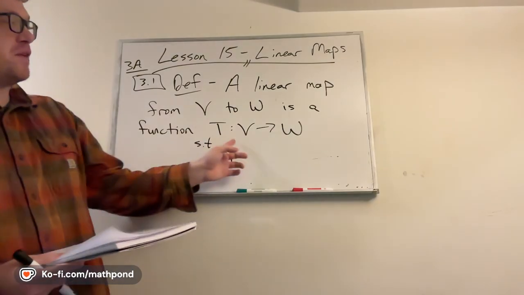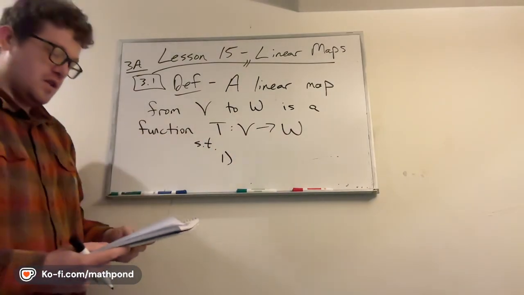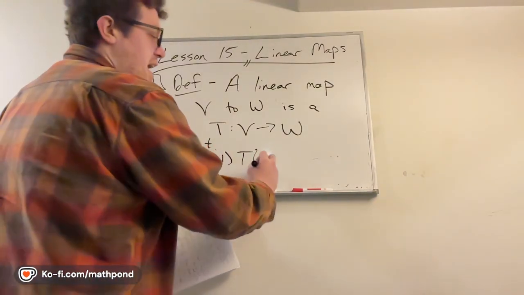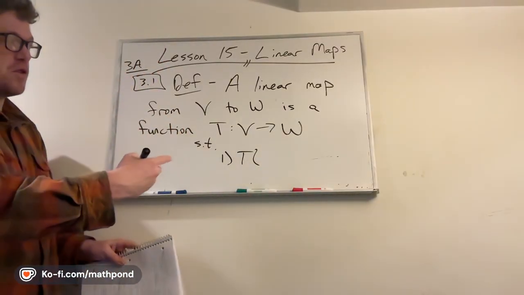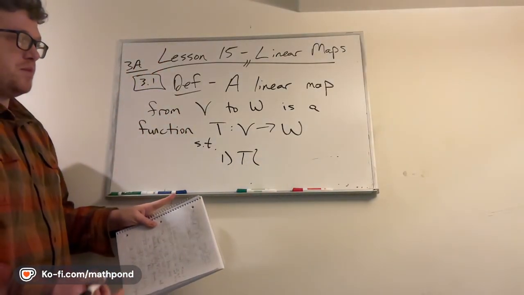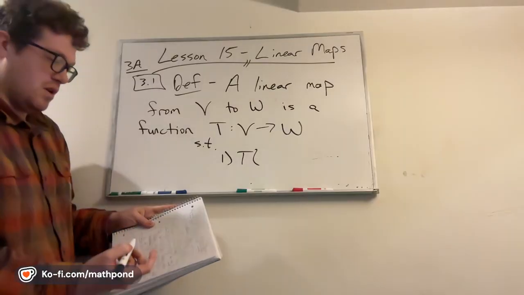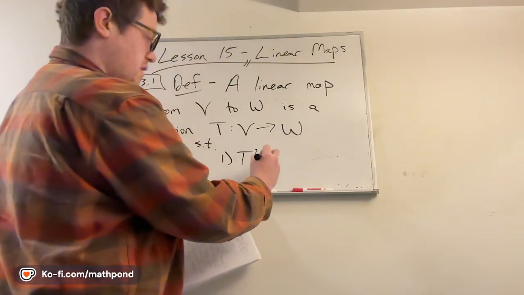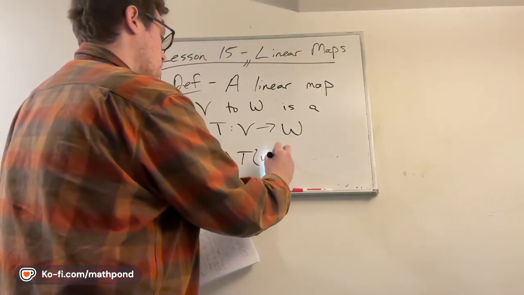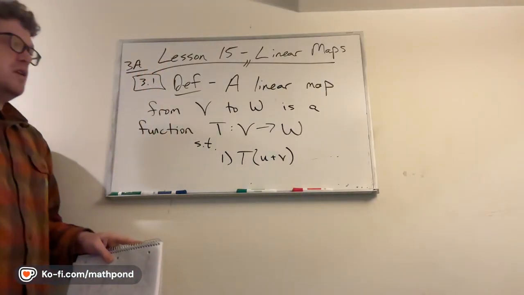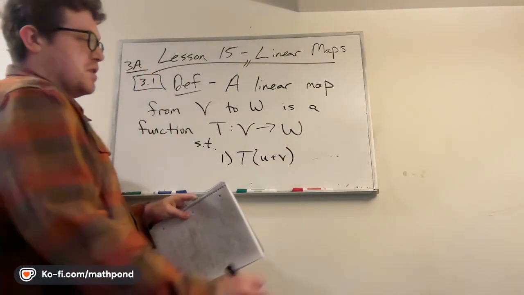So basically it's a function between vector spaces, and it needs to be additive. So it needs to preserve the group structure in the addition. So u plus v: T of u plus v should be T of u plus T of v.